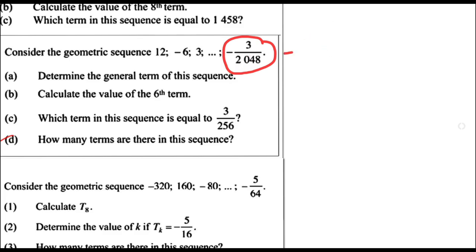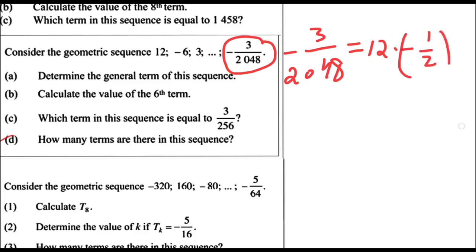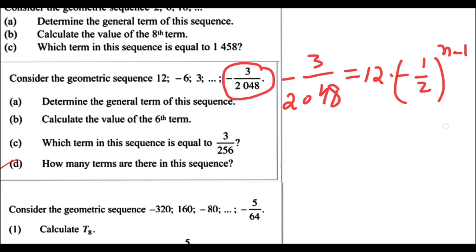So the last term we got is -3 over 2048, which is equal to our general term, 12 multiplied by -1 over 2 power n minus 1. Now we're going to isolate the exponential term.